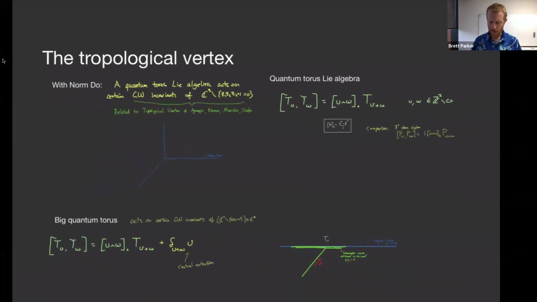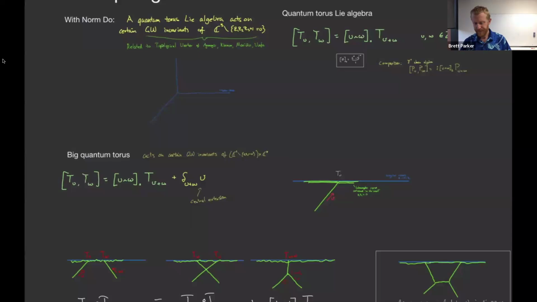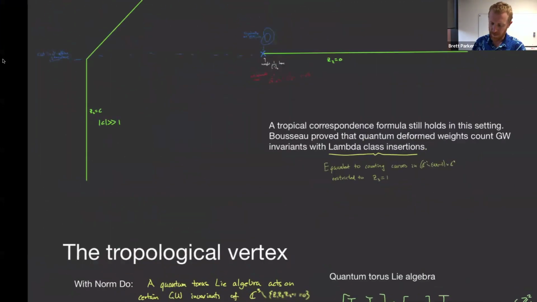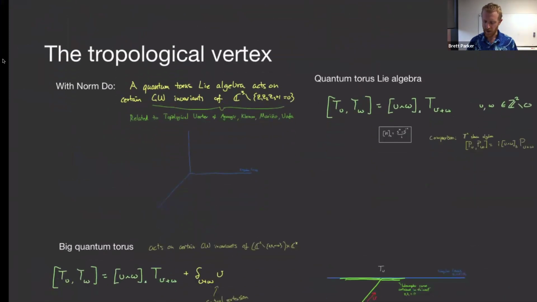So how do we prove this? Well, each of these legs here is modeled on this thing that I was talking about up here times C star, so times a third direction.